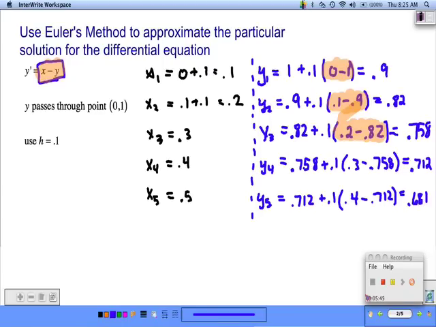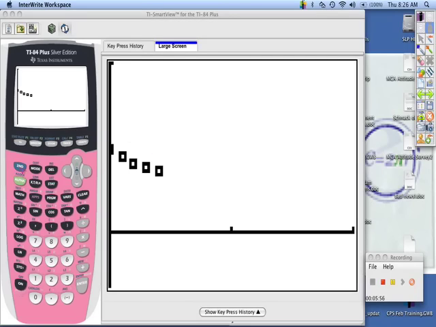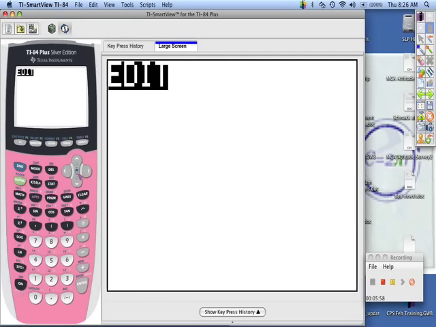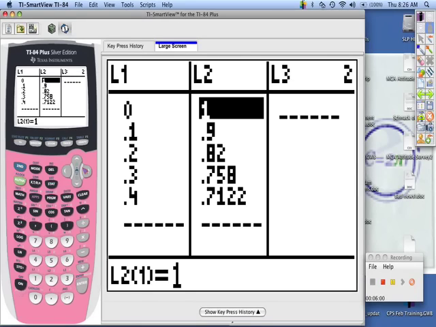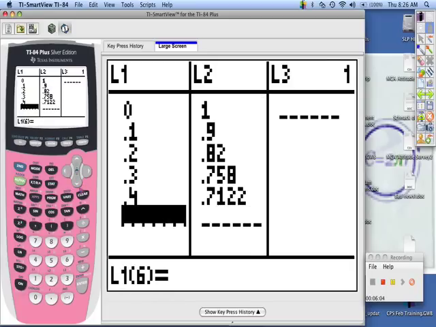Now to see what this really is, we can plot these points, and I'm going to jump to my graphing calculator to look at this. I can go into edit one of my lists, and I can put in my x and y points, or you could graph this by hand on paper.